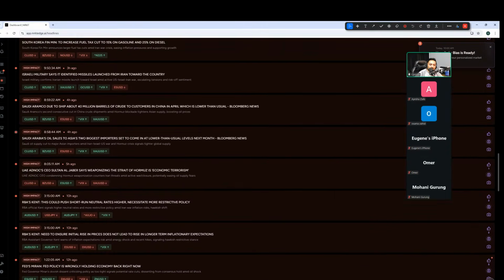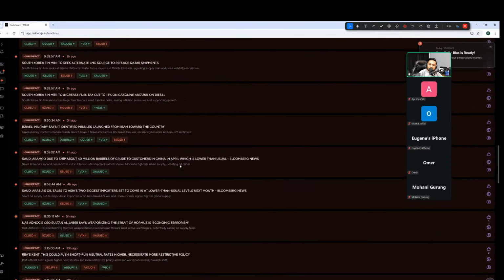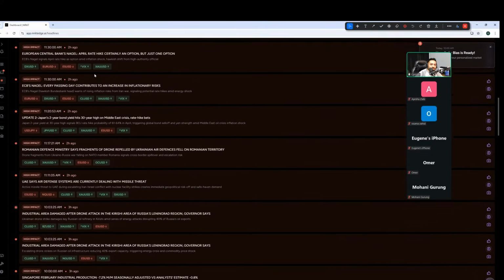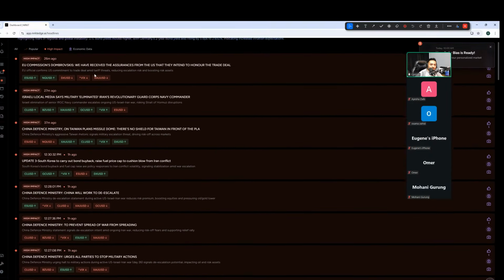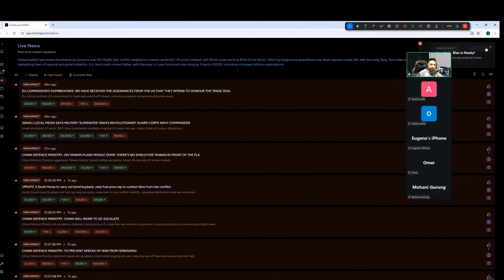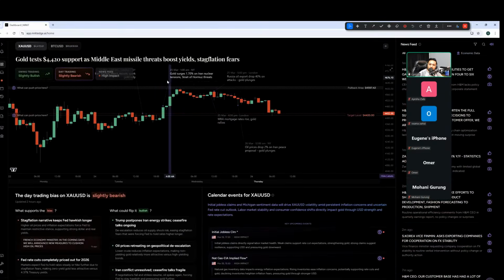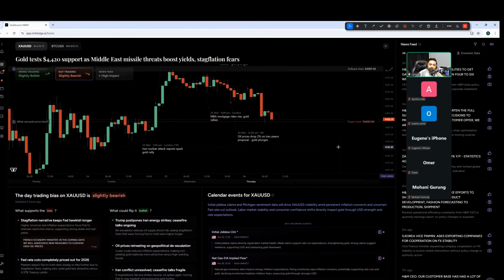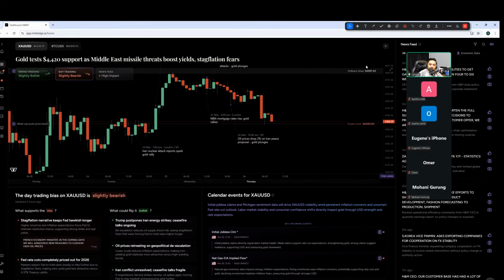Nothing much volatile I saw here. Hmm. So gold could continue pushing downside, I think. They are having this bearish target. Wow, look at this one. They gave this pullback area. Market starts rejecting from this area and then continues pushing downside.